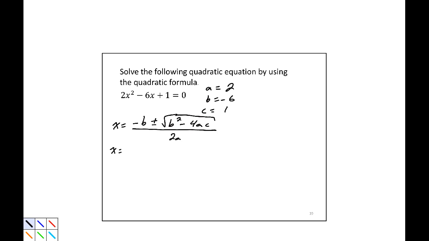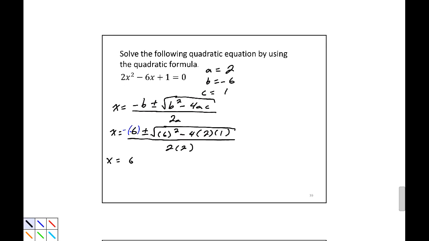So x equals the opposite of b, so that's going to be positive 6 plus or minus the square root of 6 squared minus 4 times a times c, over 2 times a. All right, so we have 6. Let me just go back here and put this in. Negative, negative 6. The opposite of negative 6. This will be positive 6 plus or minus the square root of something divided by 4.